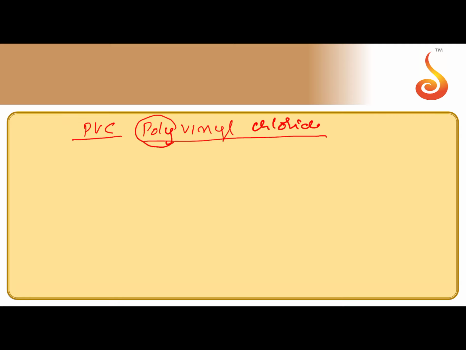How to get monomers and how to write the repeating unit, I will explain by taking a few examples. Let us take PVC, polyvinyl chloride. This is a homopolymer, only one type of monomer is present.